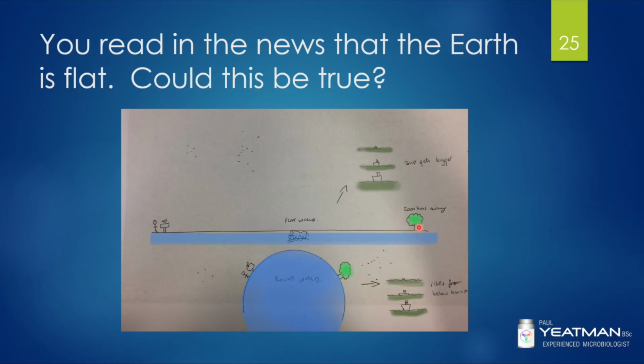It could be 20,000 million kilometres away. With a sufficiently powerful telescope, you'd be able to see the tree. On the round world, however, there's absolutely no way to see the tree because the tree is below the horizon.